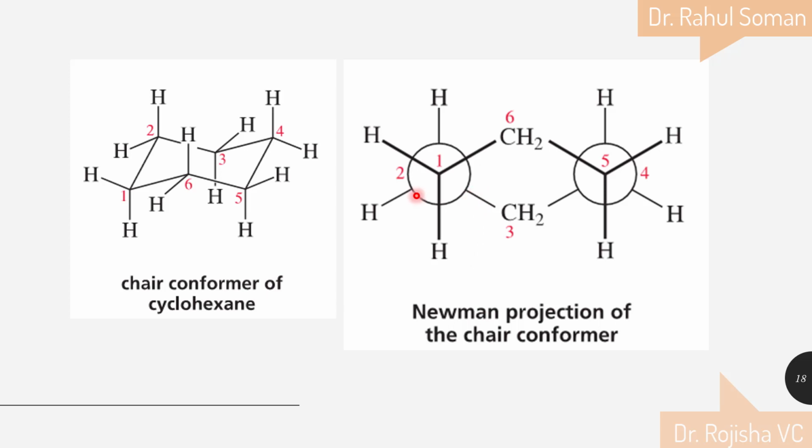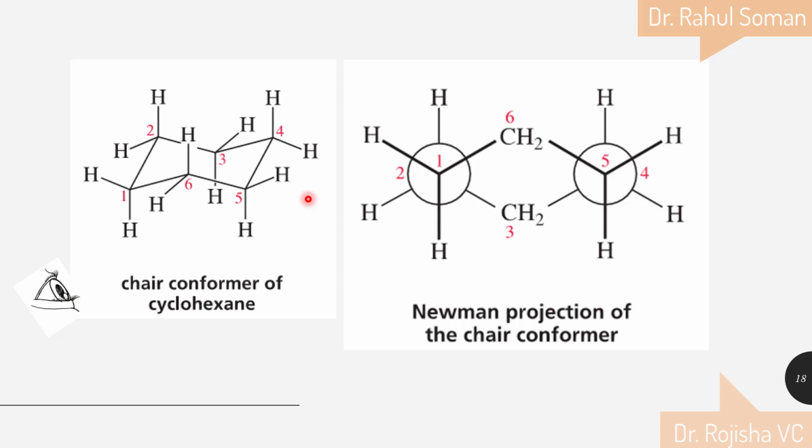Now you can see through carbon 1. We view through this angle, and what we see is carbon 1 and 2. Carbon 1 is the front dot, carbon 2 is the back circle, and then the sixth carbon is this CH2, and the third carbon is this CH2.